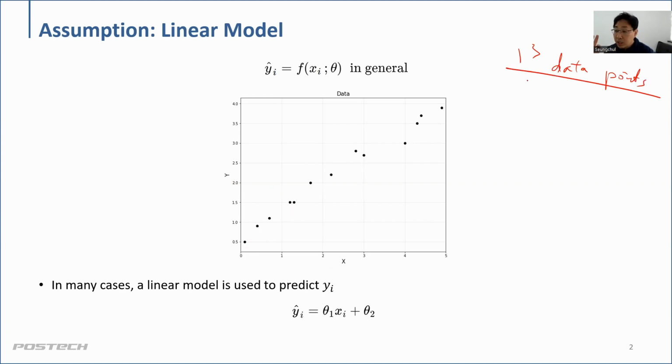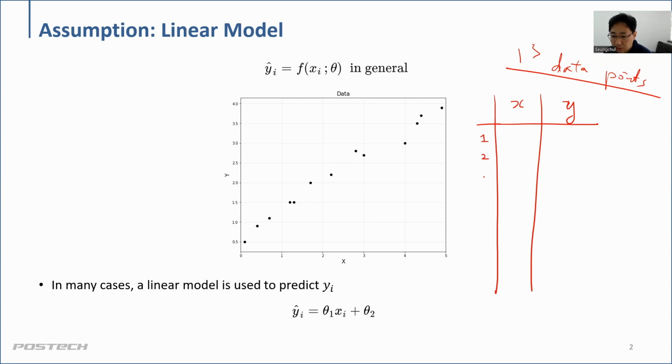Assume that you conduct some kind of experiment, any kind of experiment, and you create a table like this. Because you did it 13 times, you get some values and write them down, or use an Excel file to record them.